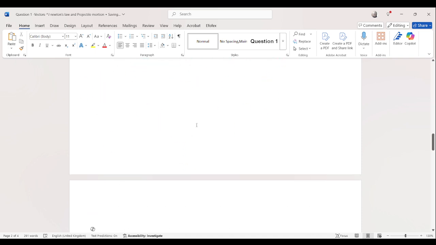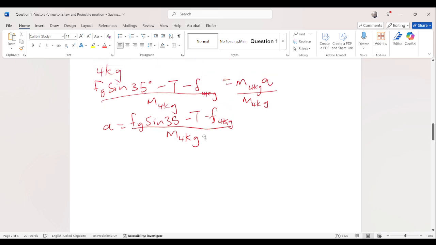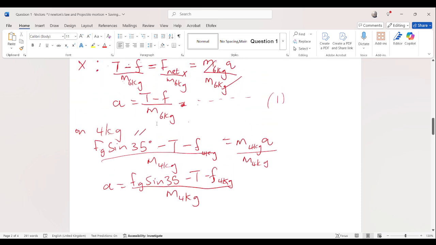Now from here we can equate the two accelerations.